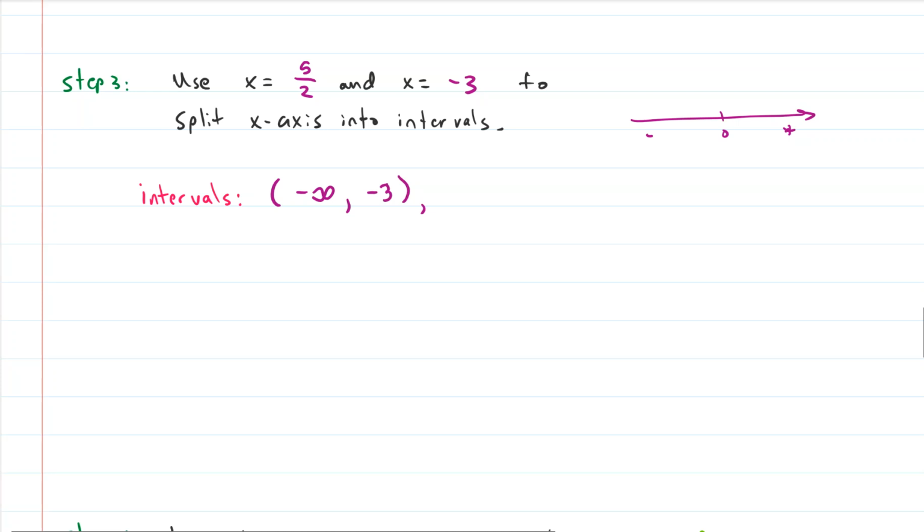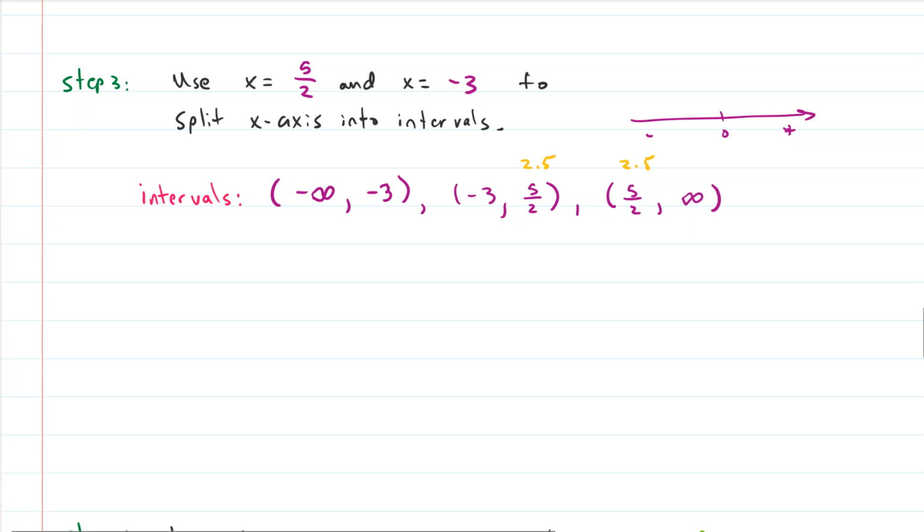So negative infinity to negative 3, and then negative 3 to positive 5/2, and then 5/2, or 2.5, to positive infinity. And again, this is 2.5, in case the 5/2 is throwing you off. So there we have three intervals.